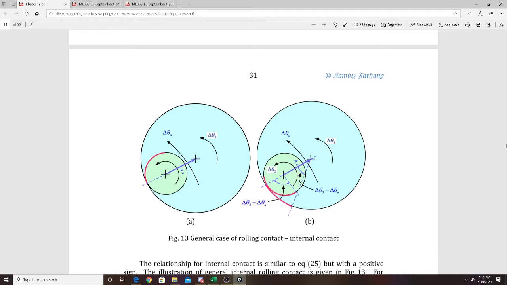You see? So this right here is internal. Does that make sense? Like I said, internal versus external contact all it does is change the sign. That is all.